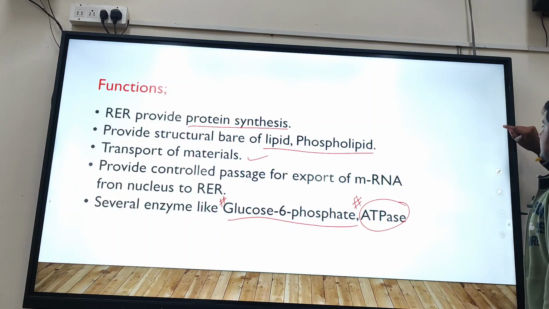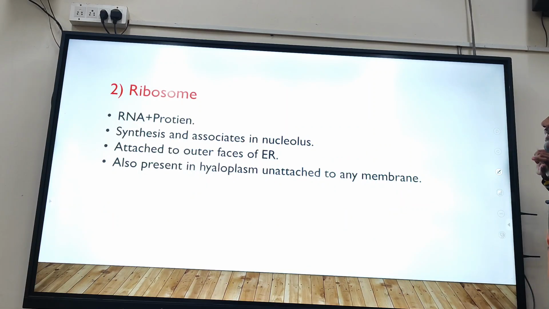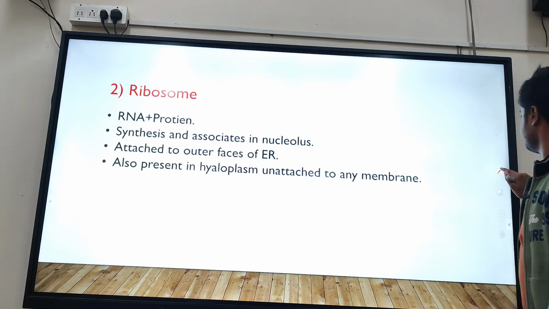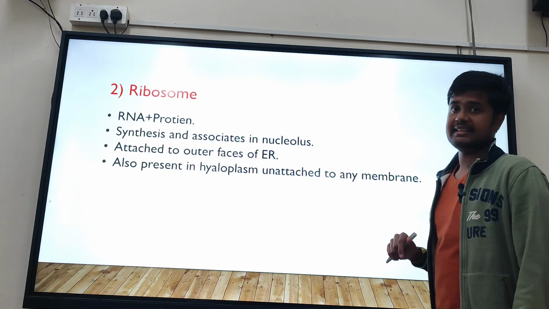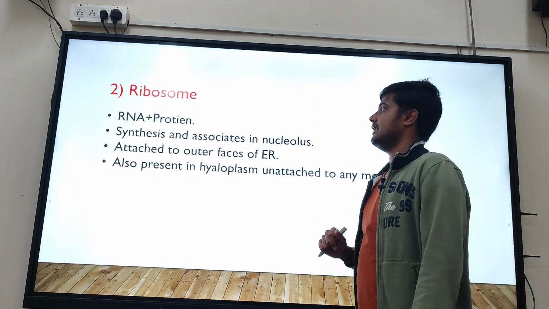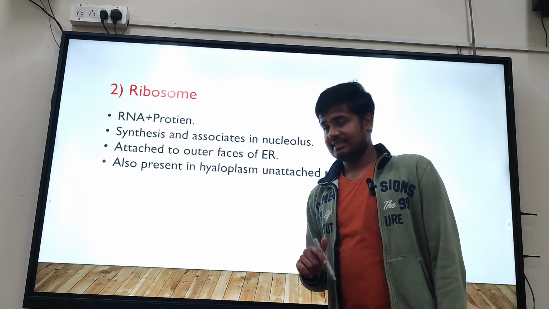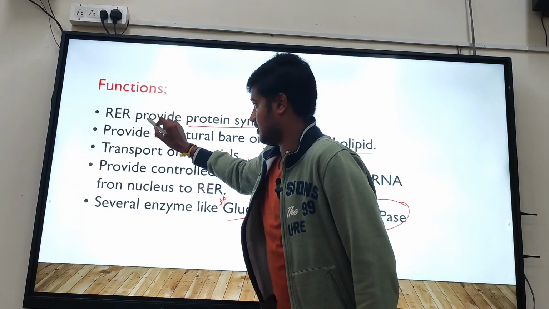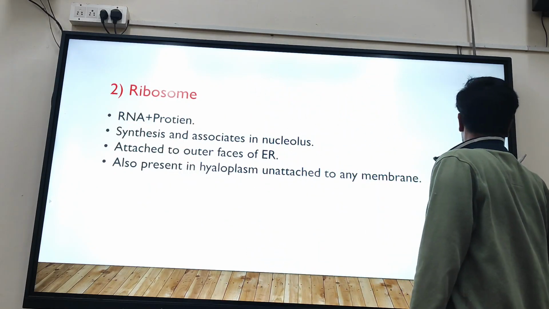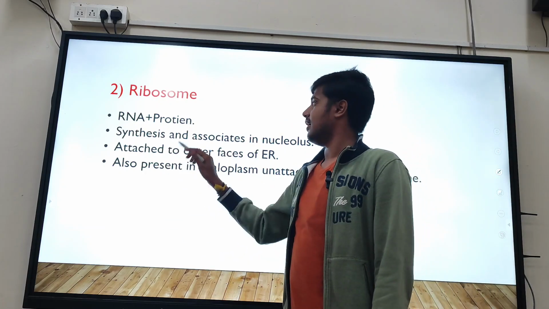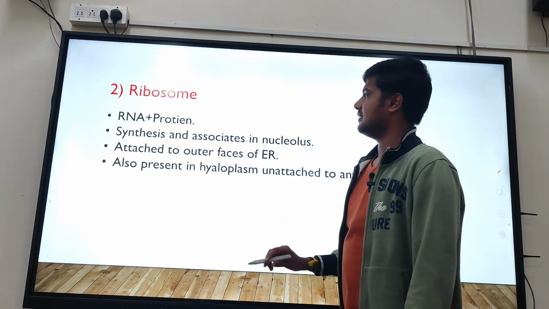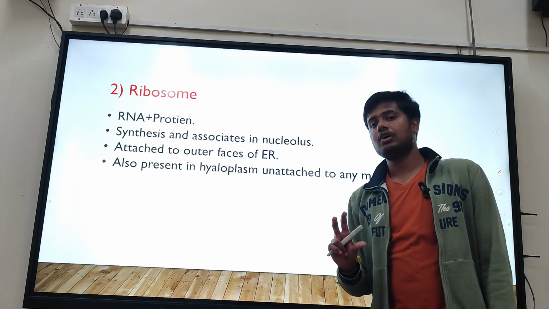Okay, let's move on to the next organelle, that is ribosome. You people know it is the protein factory of the cell. Ribosome consists of RNA plus protein. Its synthesis is associated with the nucleolus.